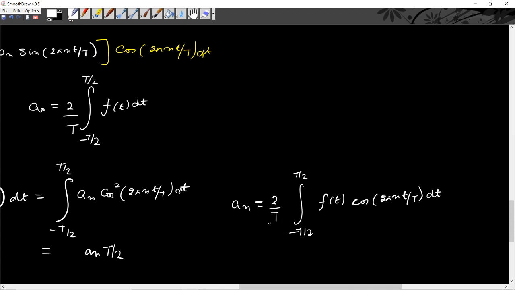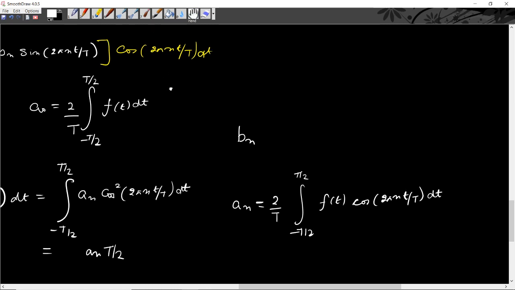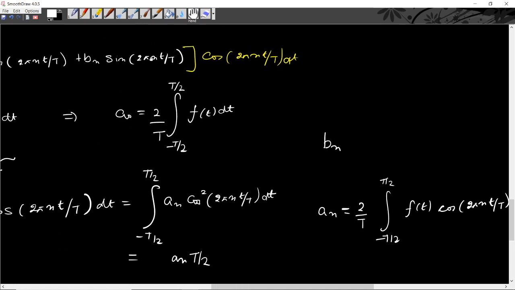So with a similar method, we can find that the coefficients bn, which correspond to the sine terms, are given by 2 over T, the integral from minus T by 2 to T by 2.